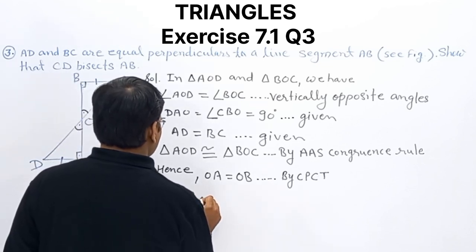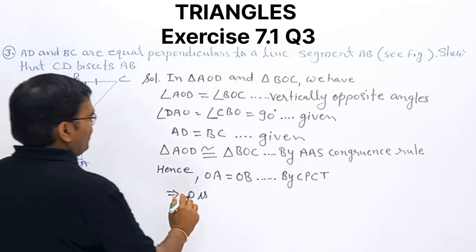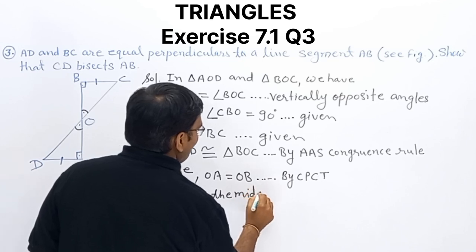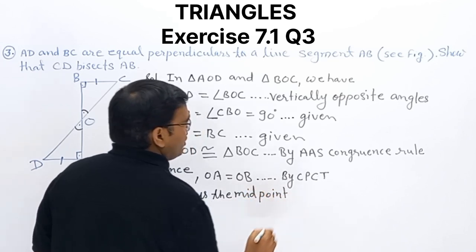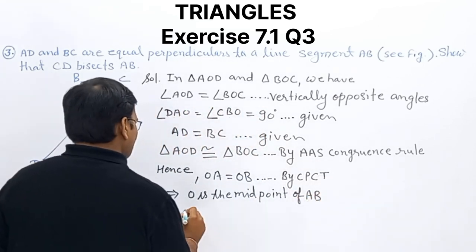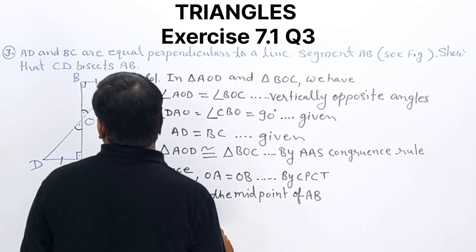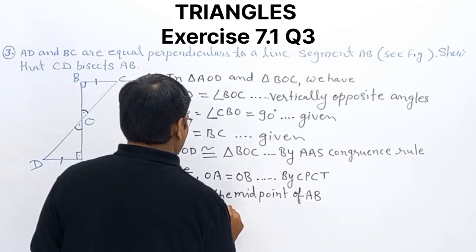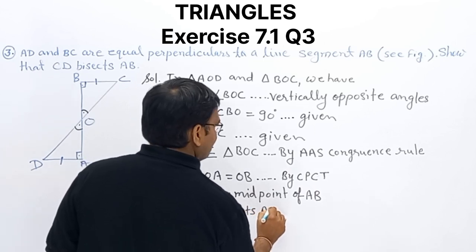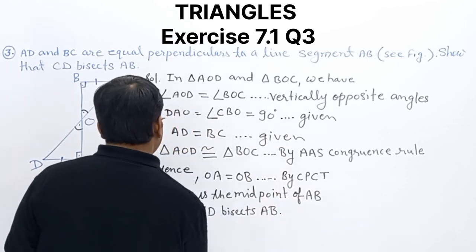So OA equals OB, which implies O is the midpoint of AB. So CD bisects AB. Hence proved.